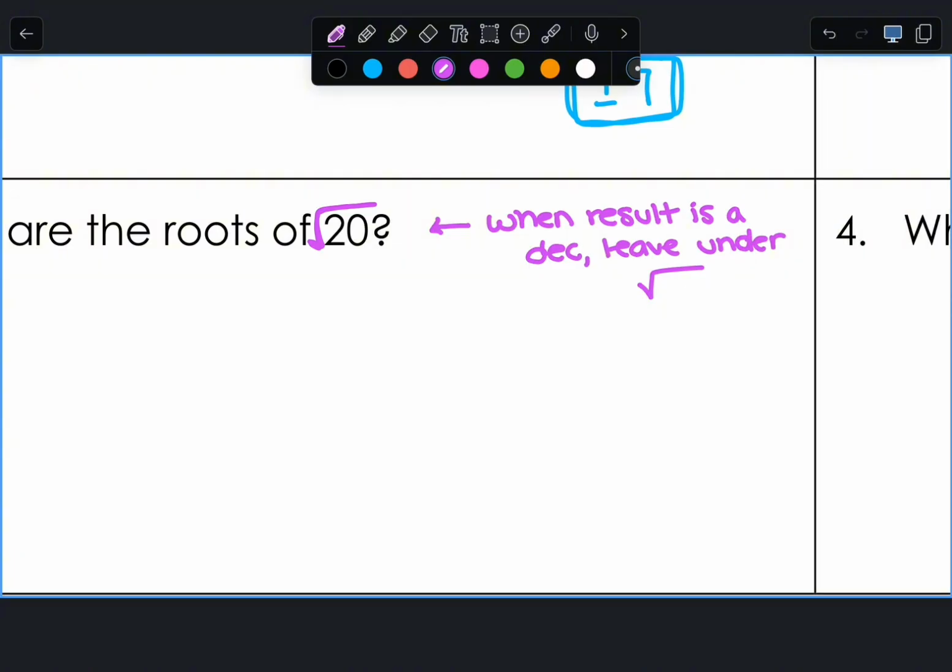When the result is a decimal, you leave it under the square root. So for this one, you would leave it as x is equal to plus or minus square root of 20. Positive, negative, square root of 20. You don't take the square root away. You don't turn it into a decimal. It's not a perfect square.